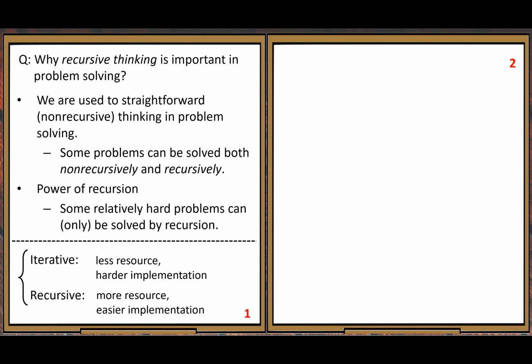Think about the recursion implementation in a programming language. The language needs to build a mechanism to support recursion, because many early programming languages did not support it. Later, programming languages became more and more advanced, and they started to support recursion.